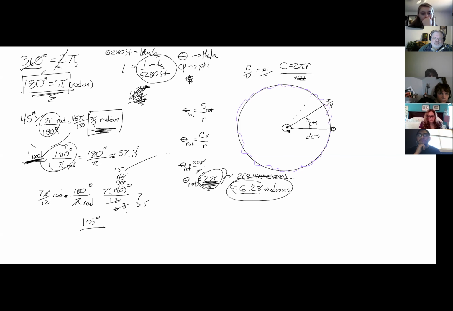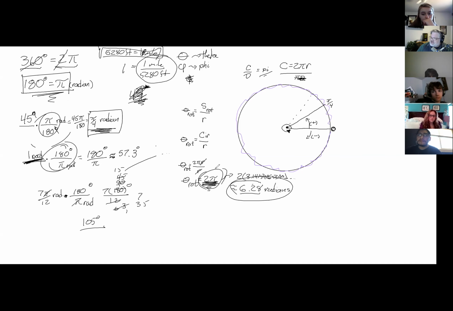If you remember this equivalency, you can move back and forth between radians and degrees all you want. Just like if you know this equivalency between miles and feet, you can go between miles and feet all you want. Fair? All right.